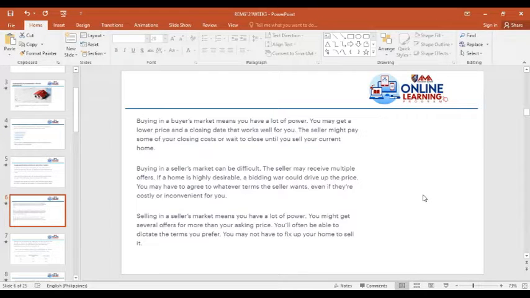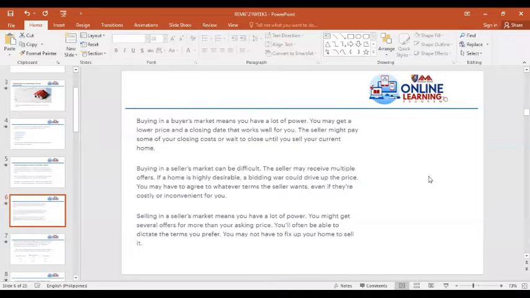So the advantage of a buyer's market is that you have the power to get a lower price and a closing date.